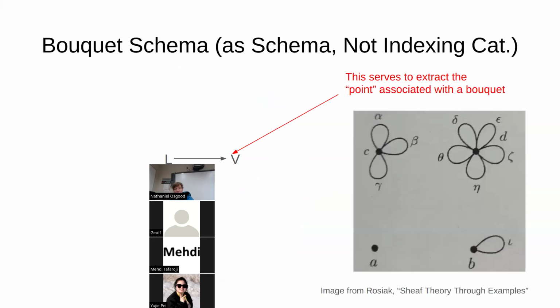Okay, let's take that for Daniel Rosiak's example here with loops and vertices. Every loop has a kind of boundary or a lower dimensional core. We're finding its boundary, as it were.